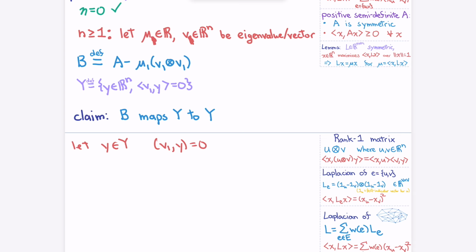Should that be enough? Of course. All right, so let's just start seeing what happens when we apply B to it. v1 transpose B y.